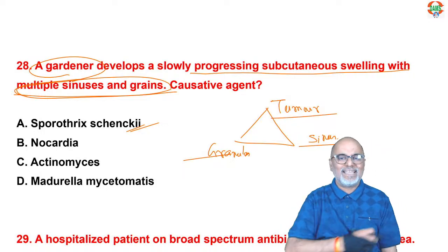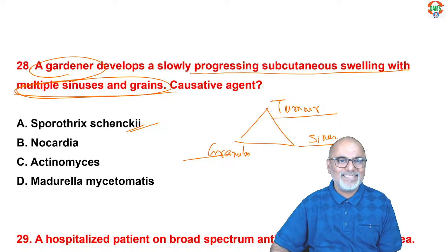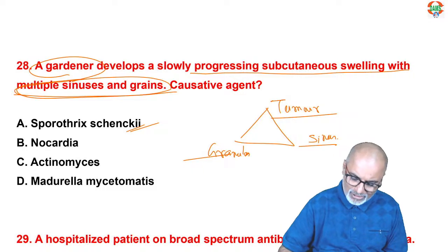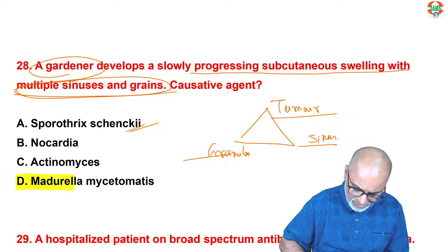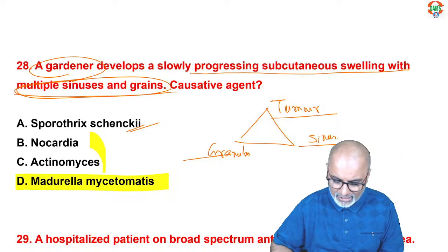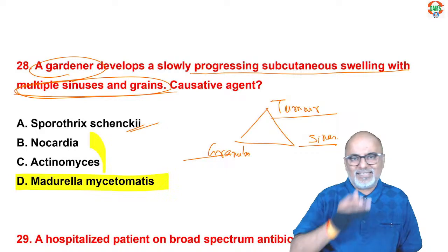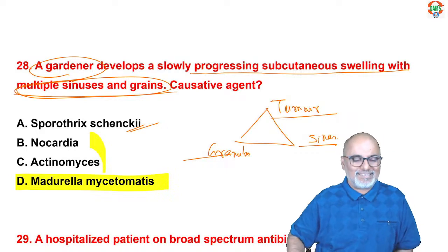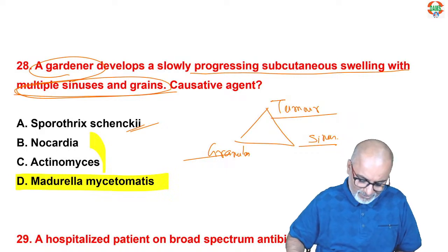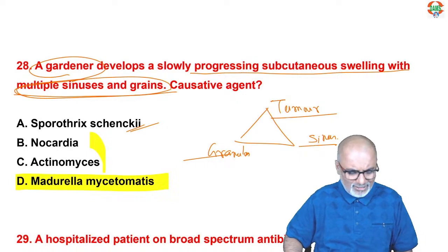Tumor, sinus and granules is nothing but mycetoma. Mycetoma is commonly caused by Madurella mycetomatis. Even though other organisms cause it, they produce yellow granules. Most common in the sense here, I can go for Madurella mycetomatis. Even Actinomyces also causes it.